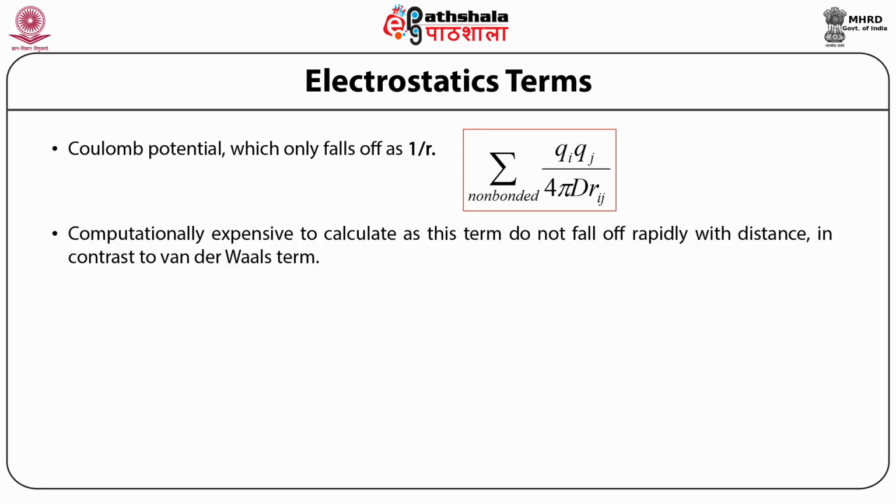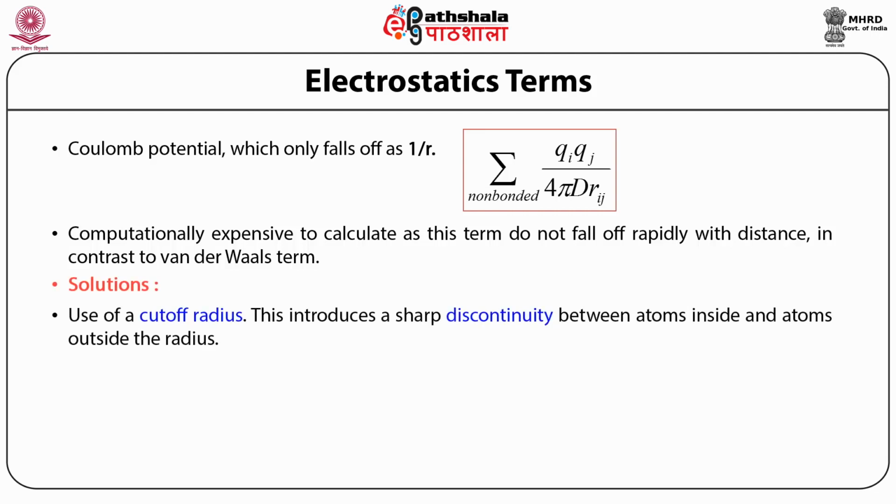However, this term has another difficulty compared to Lennard-Jones, and the reason is that it falls off slower, with 1/R instead of 1/R^6. Hence, we require a large cutoff radius, and this requires that it should not be that atoms within the cutoff radius are interacting and suddenly the next atom falls off.